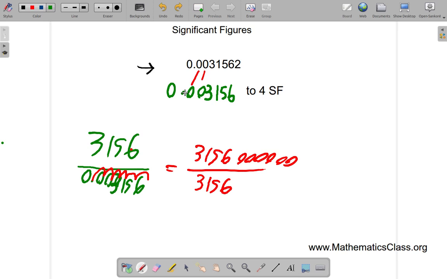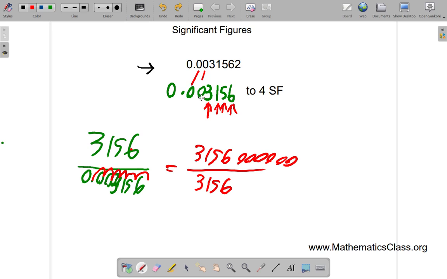Alright, so here now, this is this number to 4 significant figures. The first significant figure is the 3. This one, that's the first, then the second, then the third, then the fourth.